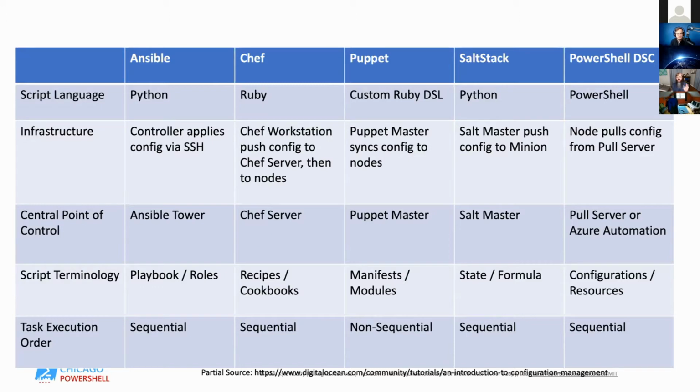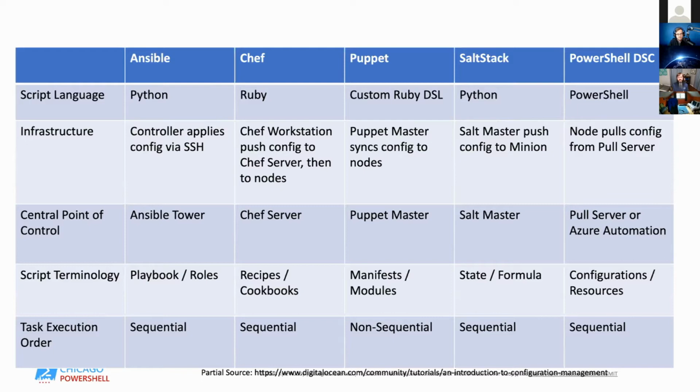For the most part, although Ansible can be used in several different languages, when it comes to the VMware side, Ansible's backend is written in Python. Same can be said for SaltStack. Chef and Puppet are Ruby-based essentially. PowerShell DSC, obviously, is going to be PowerShell.